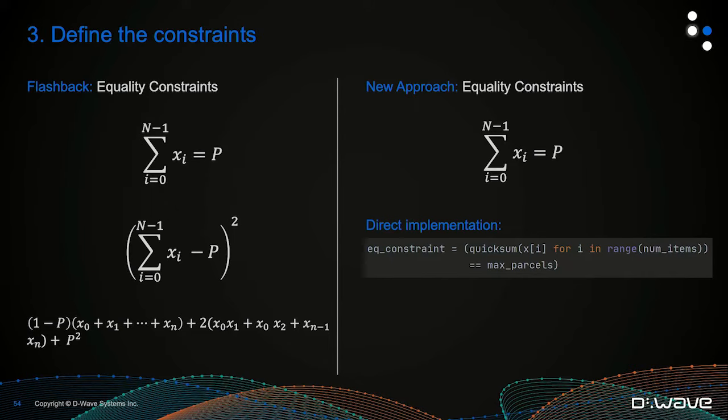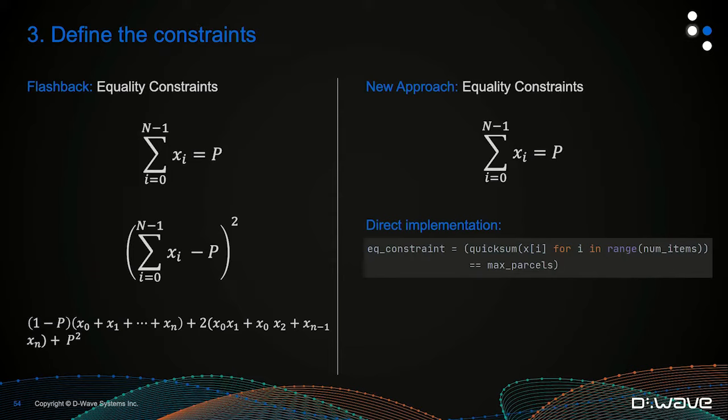So in order to build a penalty model out of this, we have to move everything to one side, as you see in the second line here, and square it. After that, we have to expand all of the terms and then collect the terms. And what we get is an expression that has 1 minus P as the linear bias and 2 as the quadratic bias. So at that point, we could then add the linear biases and the quadratic biases separately to the model.